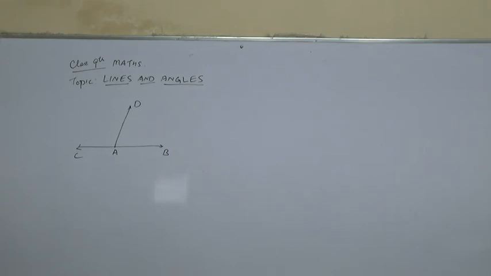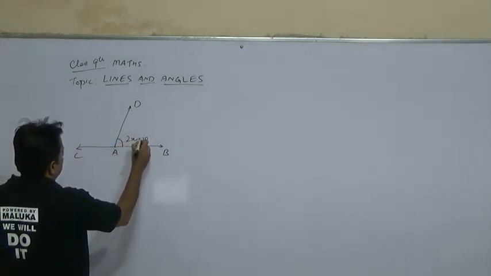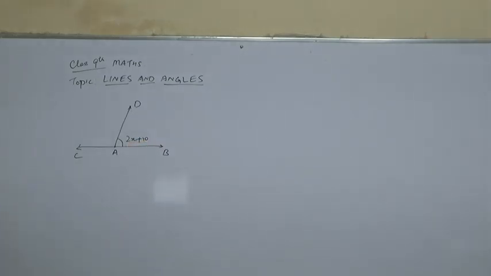And we are given that angle BAD is 2x plus 10 and angle CAD is 5x plus 30.